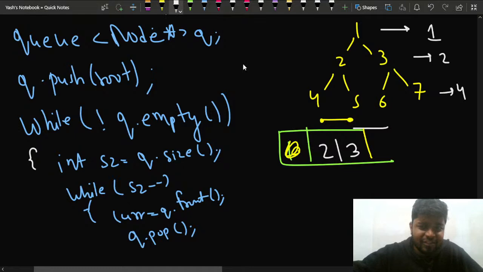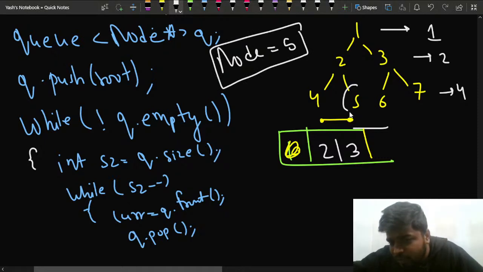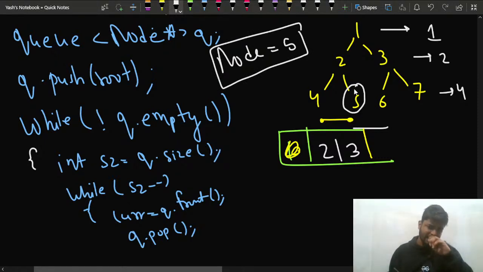Now notice one thing: if I want to find all the cousins of this node 5, what can I observe?